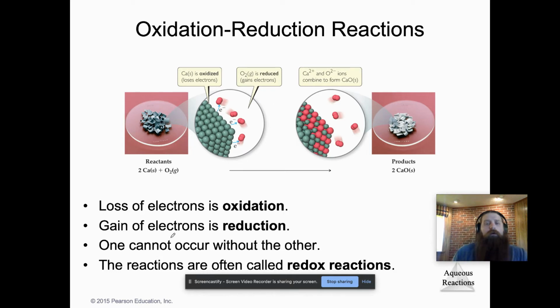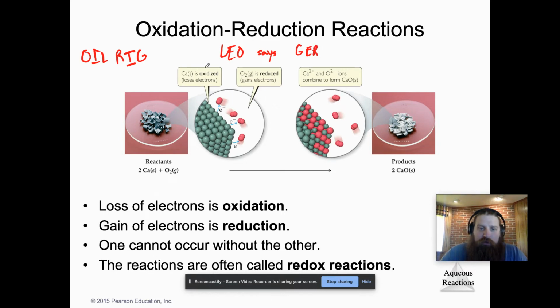So when we talked about redox last year, you probably remember OIL RIG, which is oxidation is loss, reduction is gain, okay? Another way you can remember it is LEO says GER. LEO the lion, right?